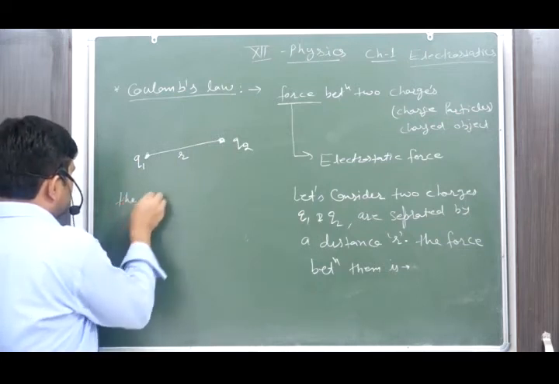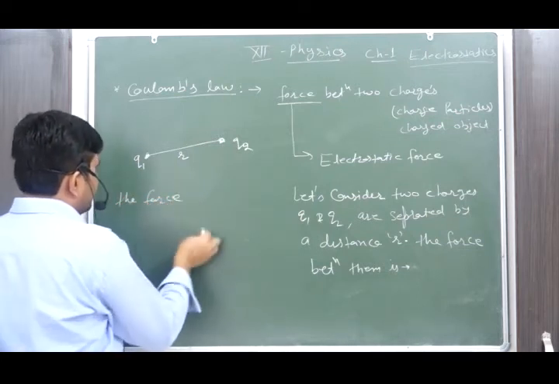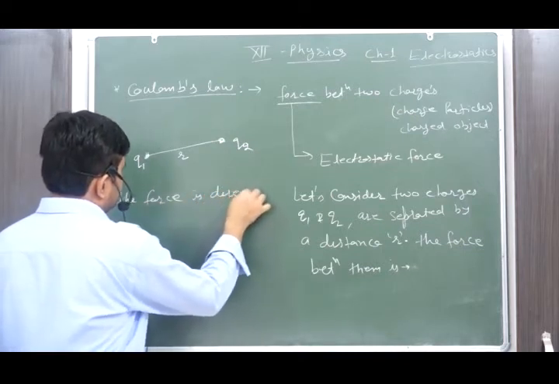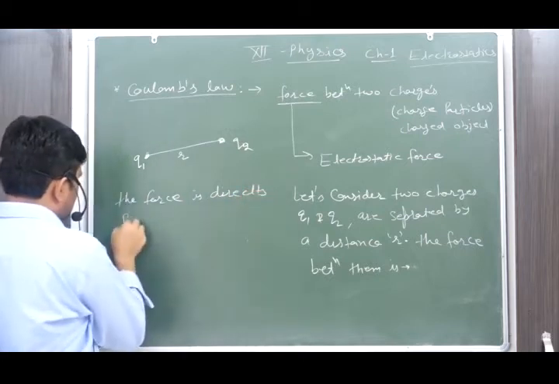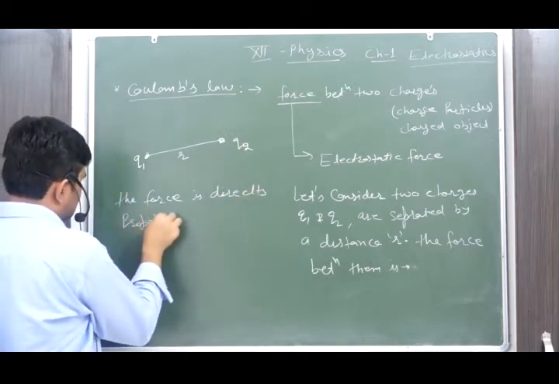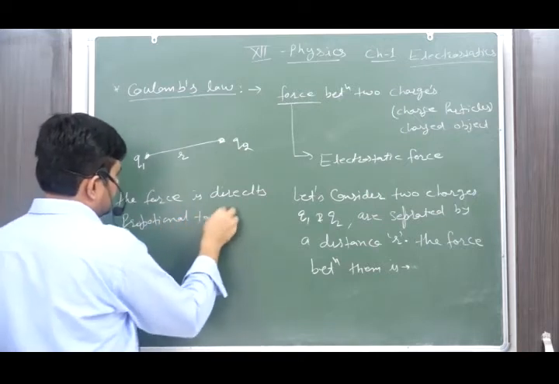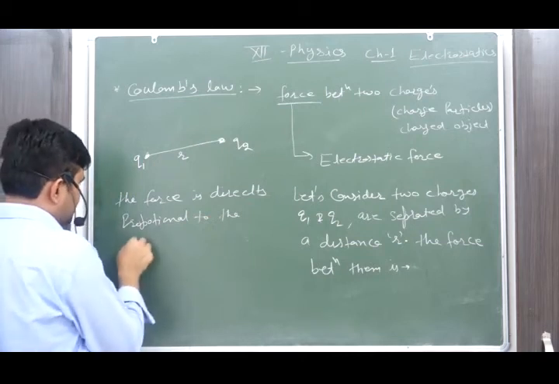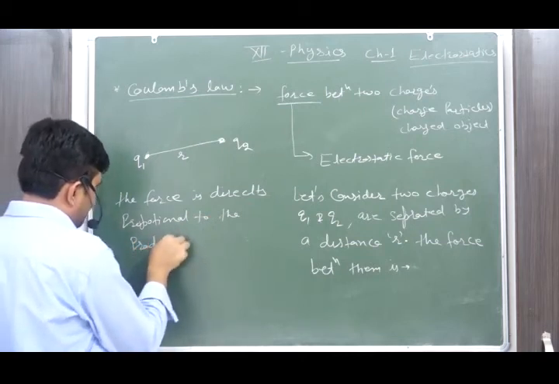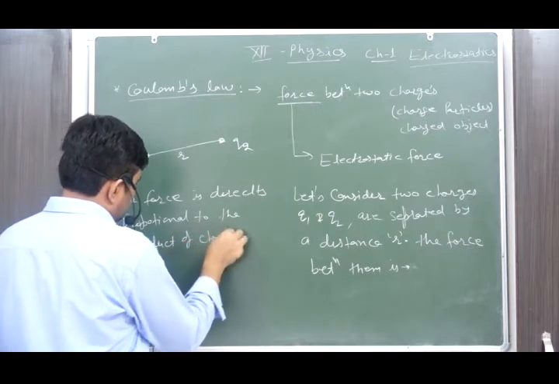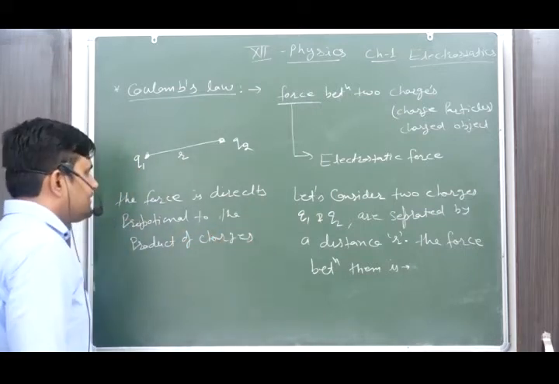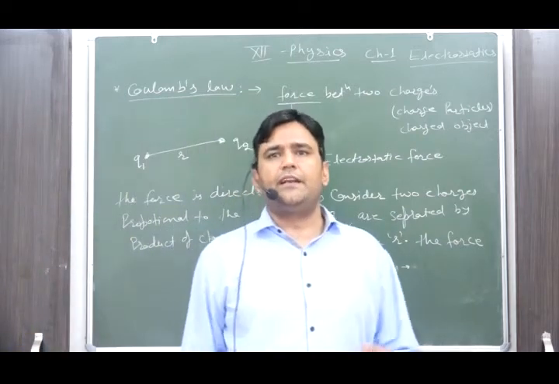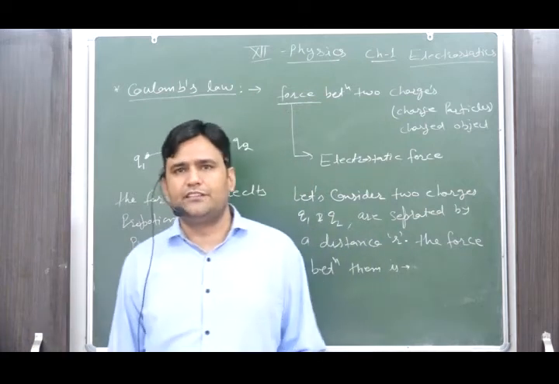Okay, we are just starting the formulation. Then the force is directly proportional to the product of the charges. It means in the first formulation, this electric force is directly proportional to the product of both the charges.